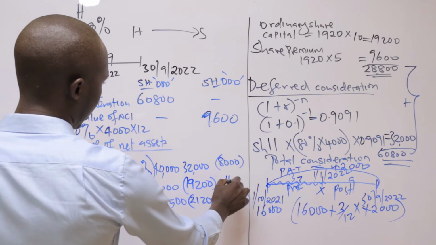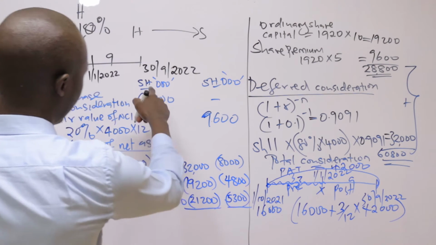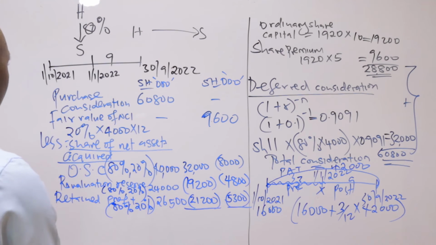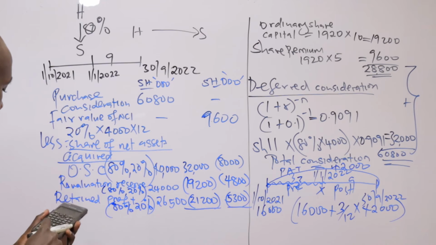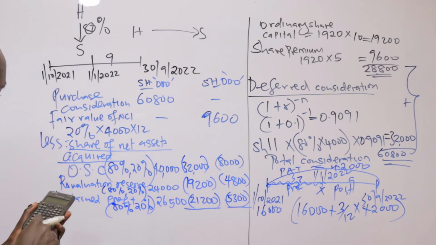20%, 4,800. So we deduct from the purchase consideration and NCI fair value respectively. So 6,800 minus 32,000 minus 19,200 minus 21,200.